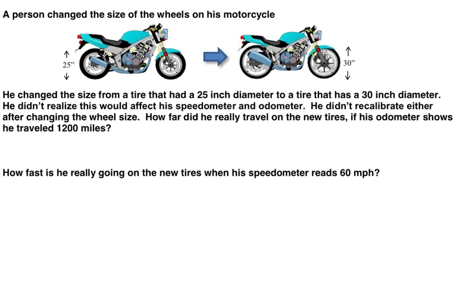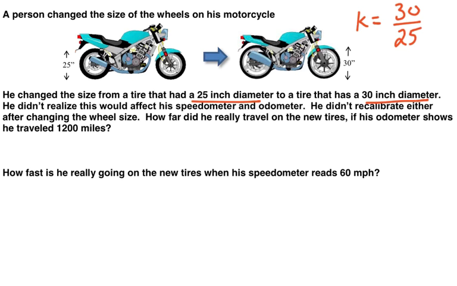Here, just another little bit of an extension. We have a motorcycle that we've changed tires. We had a 25-inch tire, and we've changed it to a 30-inch tire. I didn't realize that this is going to affect my speedometer and odometer, so I didn't recalibrate them after changing the wheels. So first, to find our actual distance and our actual speed, we have got to find K, which is the new tire of 30 divided by the original of 25.